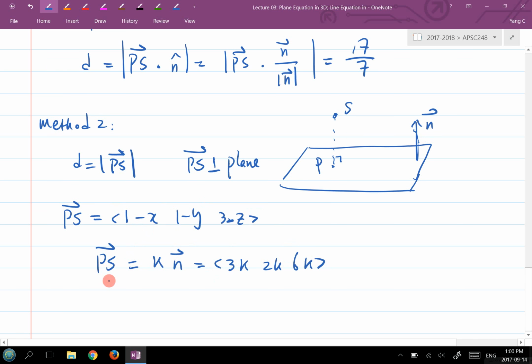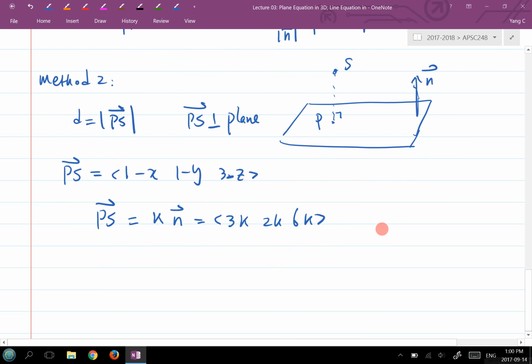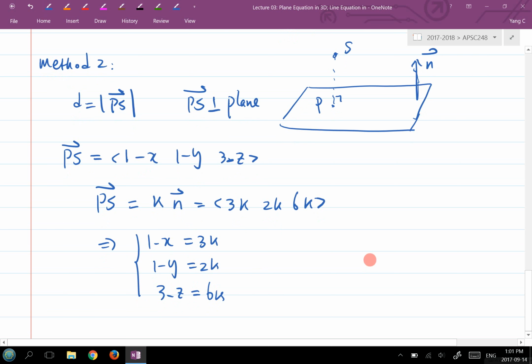When two vectors are equal, the components of the two vectors must be the same as each other. So that gives us 1 minus x equal to 3K, and 1 minus y equal to 2K, and 3 minus z equal to 6K. That's the relationship based on these two parallel vectors.